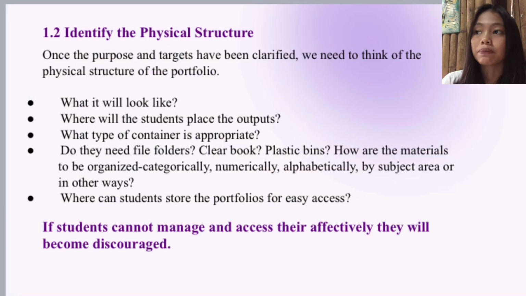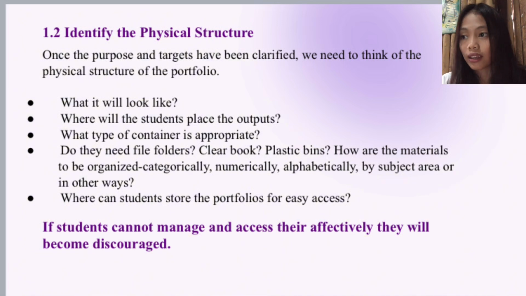The next step is to identify the physical structure. Once the purpose and targets have been clarified, we think about the physical structure of the portfolio. Number one, what will it look like? Number two, where will the students place the outputs? What type of container is appropriate? Do they need folders, clear books, plastic bins?